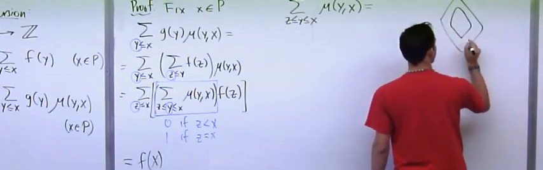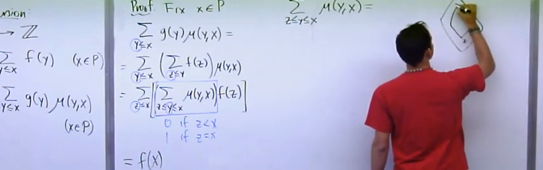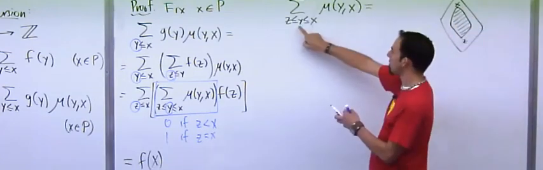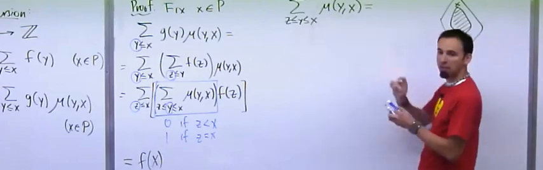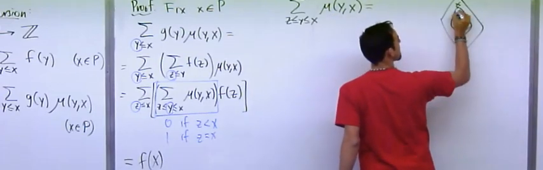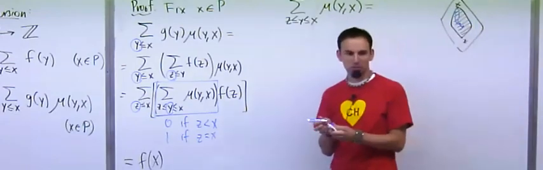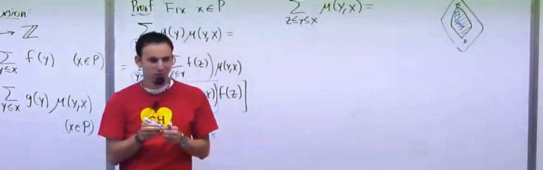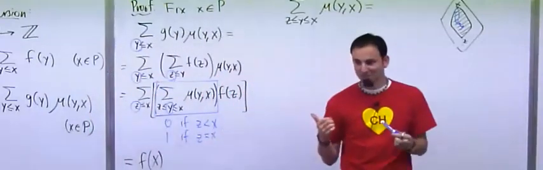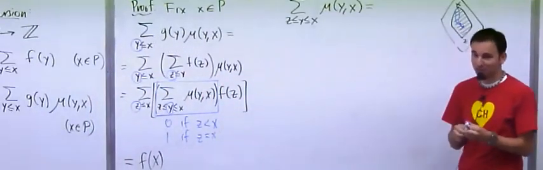Now z is the lower bound of the interval. x is the upper bound of the interval. And over the whole interval, I'm picking y, and I'm adding mu of y comma x, which is, if y is here, I'm adding the Mobius function in that interval. So it's almost the same sum, but it's not the same sum. So I cheated.